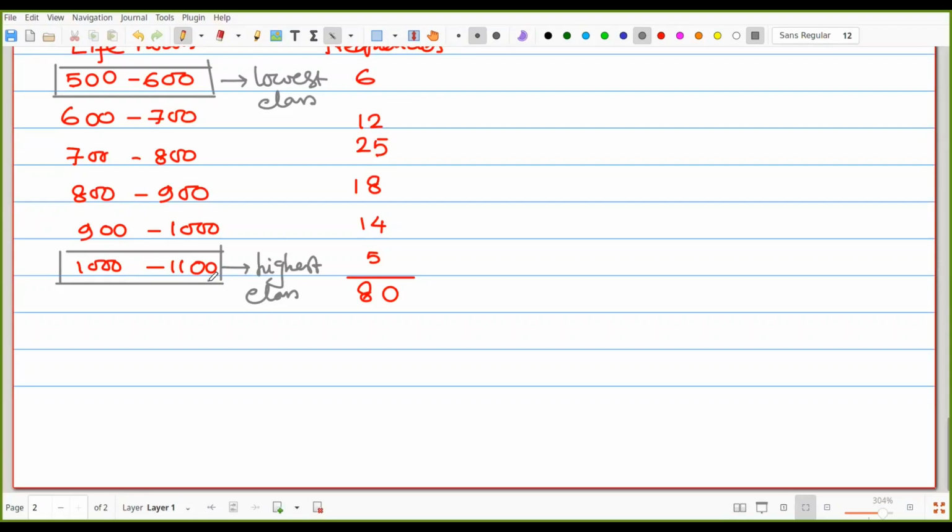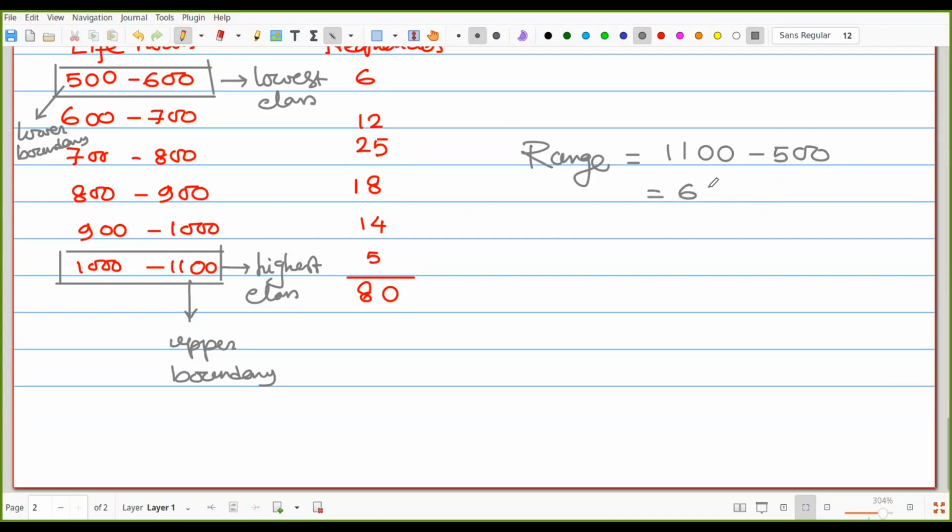So that is the upper boundary of the highest class, and that one is the lower boundary of the lowest class. So simply our range is 1100 minus 500, that is simply 600 hours.